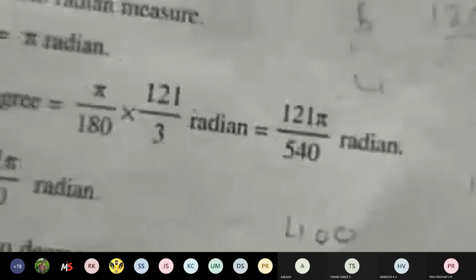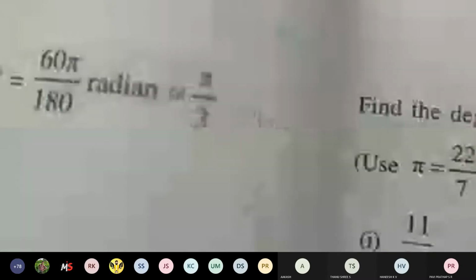In degrees, pi means 180 degrees. Okay, don't confuse. In degrees, pi means 180 degrees; in radians, pi means 22/7. That is the difference between radians and degrees. So now see what is given.